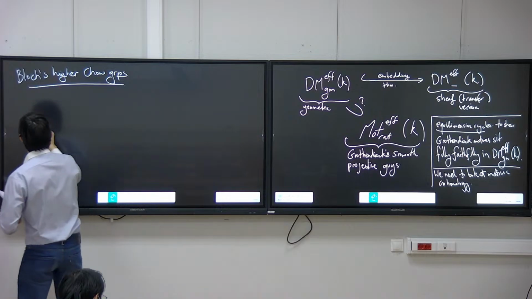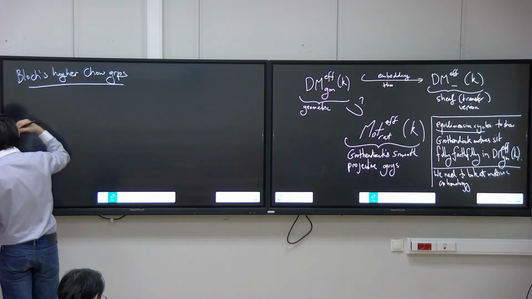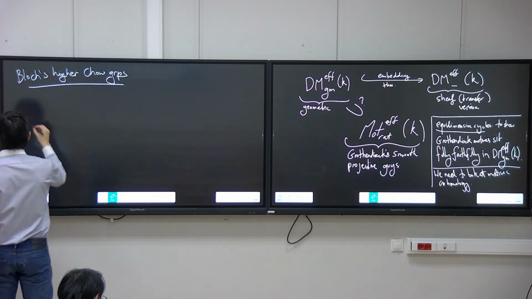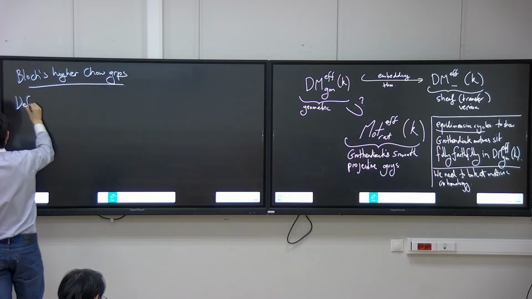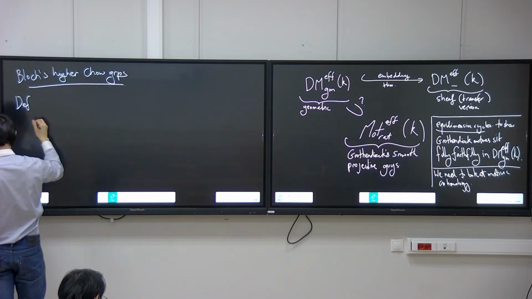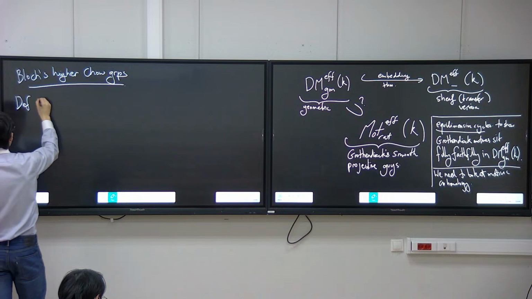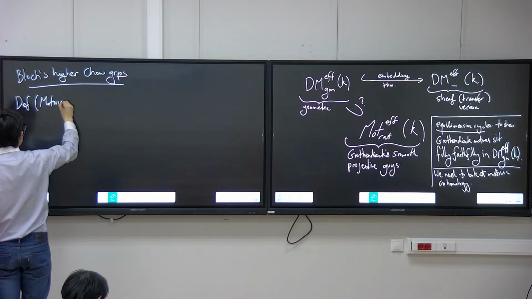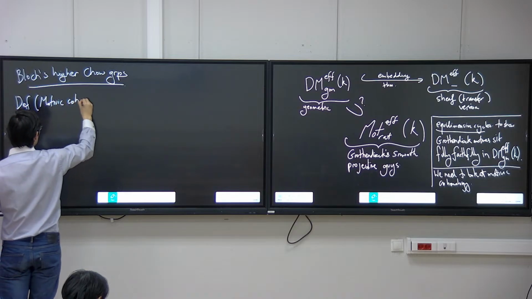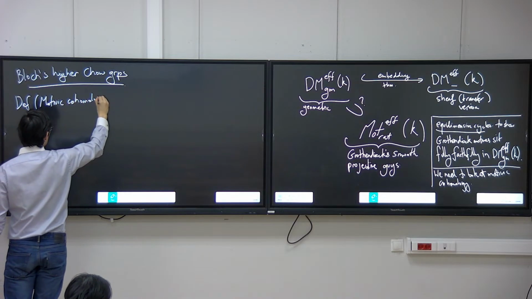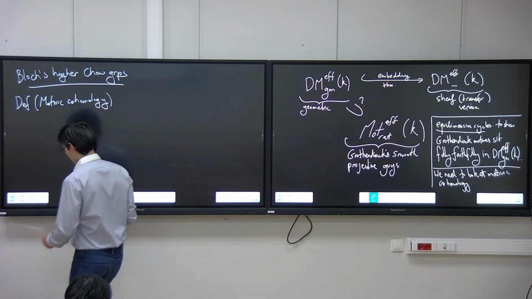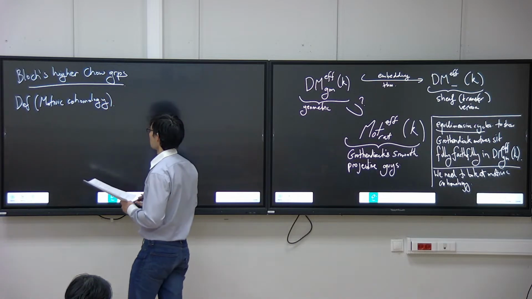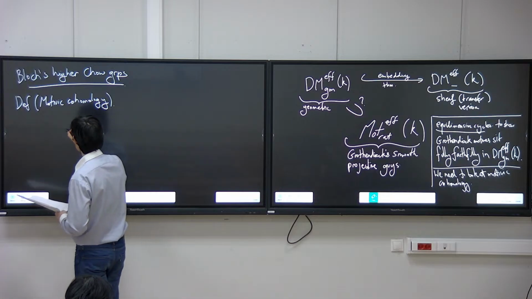Okay, so I've been saying motivic cohomology several times, so let me at least give a definition before I go into Bloch's higher Chow groups. I could have defined it a while ago, but maybe the definition is not so illuminating. The notation is as follows.